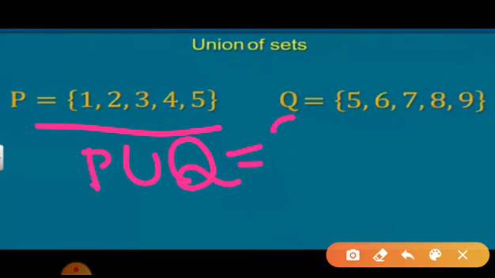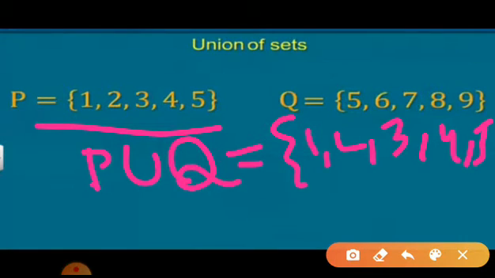Now see which elements will be in P union Q. The elements of P as well as the elements of Q. The elements should be either an element of P or an element of Q or of both, that means the common elements. So it will contain either the elements of P, meaning 1, 2, 3, 4 and 5, or the elements of Q, that means all the elements of Q should be included.